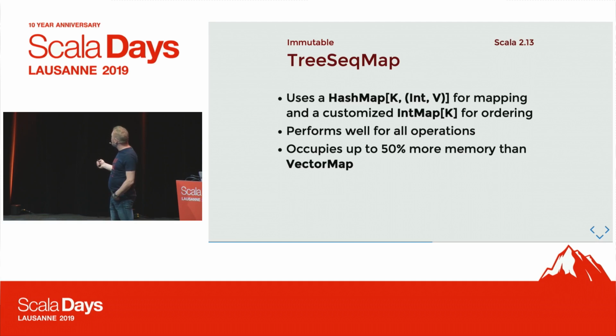So it goes from ints to keys. And it performs quite well for all operations, but it occupies 50% more memory than VectorMap. So in this case, we trade memory for a little better performance, especially in some operations, as we'll see.